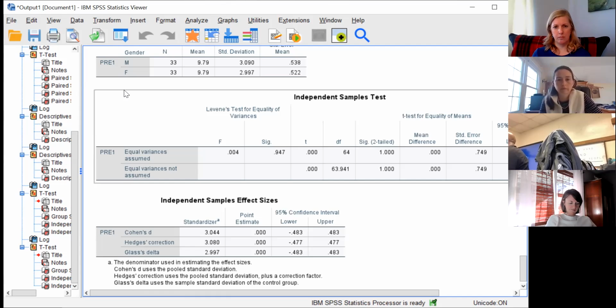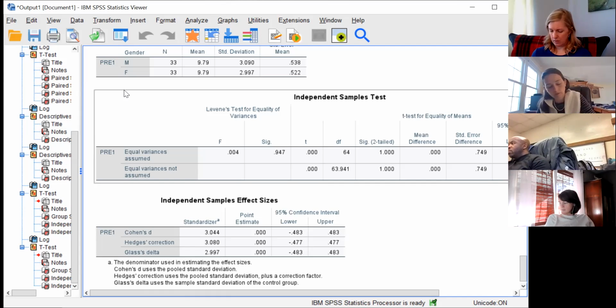Now, the next question had to do with significant change from pre-1 to post-2. There's a couple of assumptions here. One, you have the same group that's getting pre-1 and post-2.